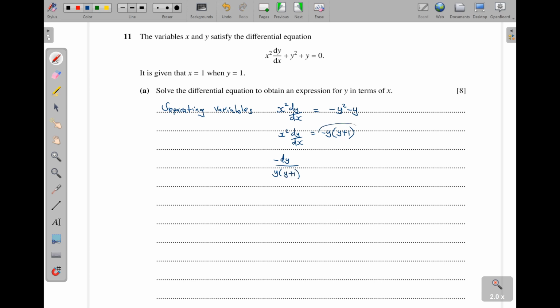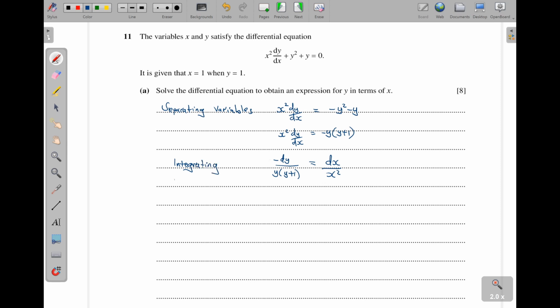In other words, I've divided all through. Then I divide through by x squared, having put the dx here, so x squared is going to be here. Then after that, now we can integrate.